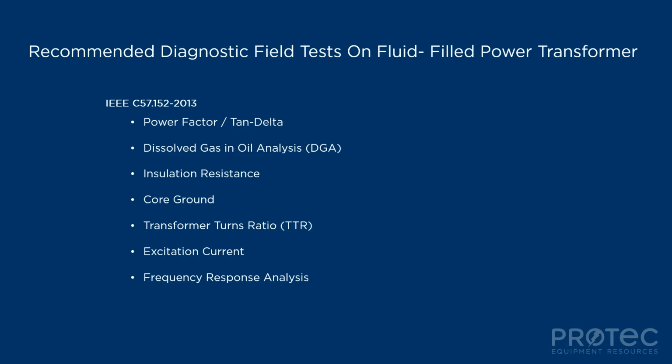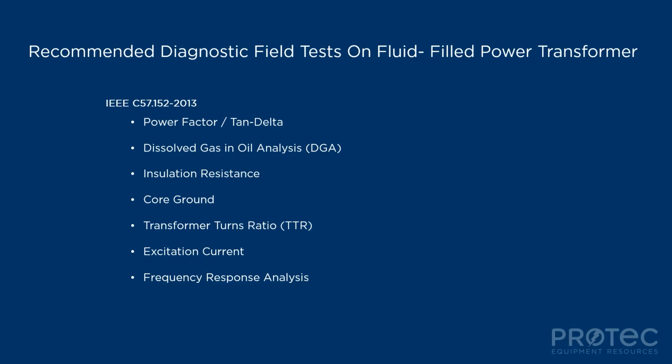There's core ground test, which is a variation of the insulation resistance test. I'm going to skip over the transformer turns ratio here for a moment and go on to excitation. Excitation current is a test that we would normally perform whenever we were doing power factor testing. And then frequency response analysis is another type of testing recommended by this standard.